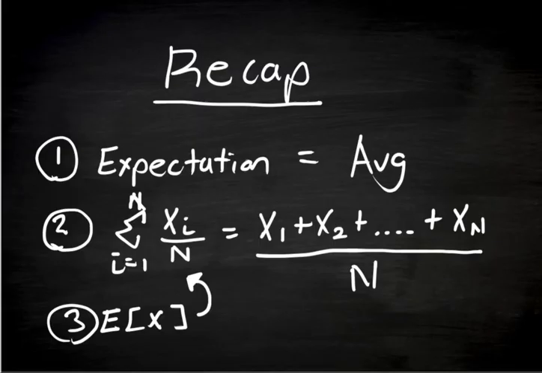Just to recap, the formal terminology of average in statistics is expectation. And the expectation has the following formula. It's the sum of i equals 1 to the nth index, xi divided by n, and that is equal to x1 plus x2 plus dot dot dot plus xn, and the dot dot dot representing all the values in between x2 to xn, divided by n, and n in this case is your sample size or the number of data points in your data.